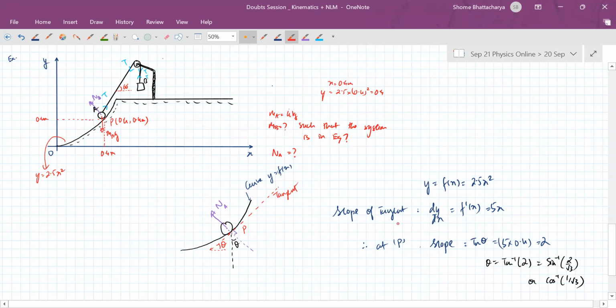Okay, it's acting in a different way. Tan inverse 2 will be greater than 60 degrees, because tan 60 is root 3, which is 1.7. So notice that this theta will be greater than 60 degrees. Okay, so now make a free body diagram of A, and from that try to determine the value of tension. Okay, and then you realize that tension should be equal to the weight of B.